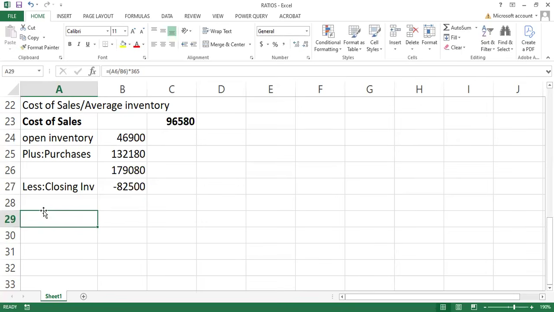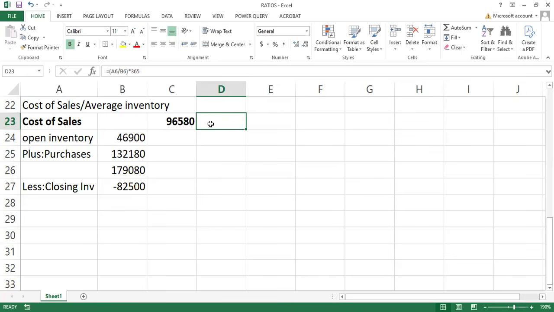Now we have calculated our cost of sales. What we can do here is look for our average inventory.